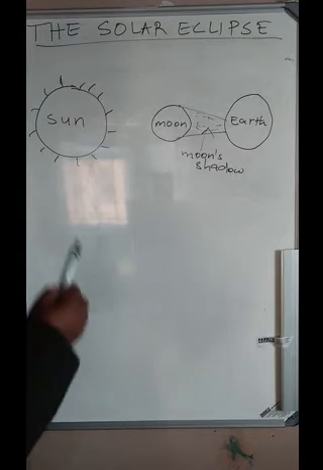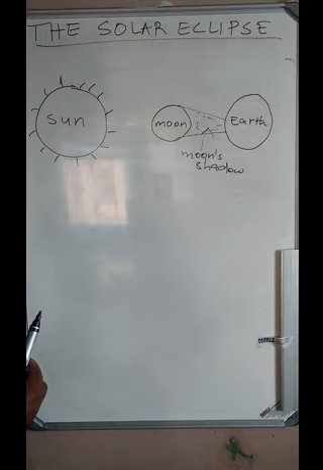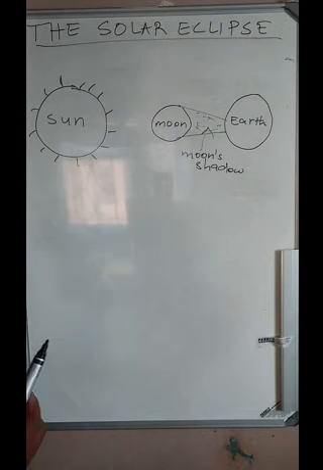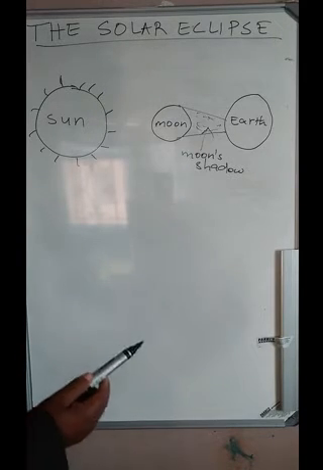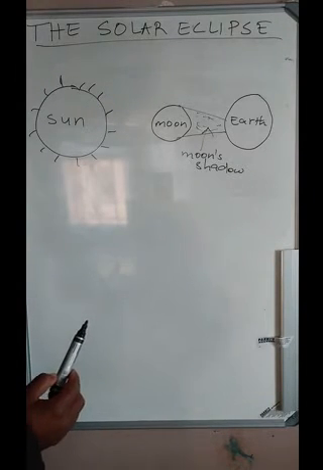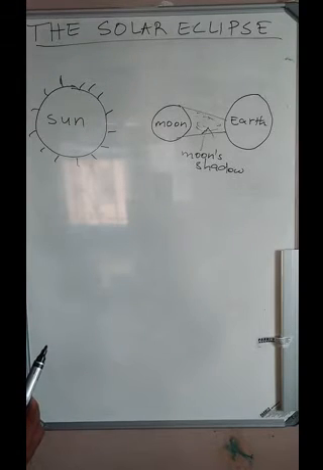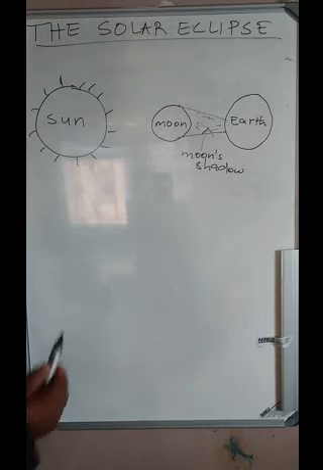So that is how a solar eclipse happens. The other name for a solar eclipse is the eclipse of the sun, because it is the sun that gets blocked by the shadow of the moon. So people here on earth don't see the sun.